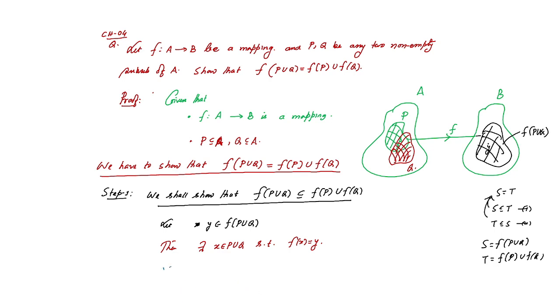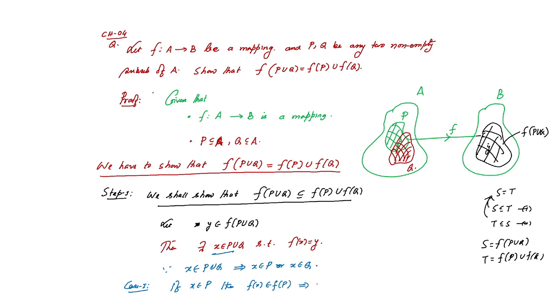So since here x belongs to P union Q, what exactly does this mean? That implies x belongs to P or x belongs to Q. So now in the first case, case 1, if x belongs to P, then we can say f(x) belongs to f(P).